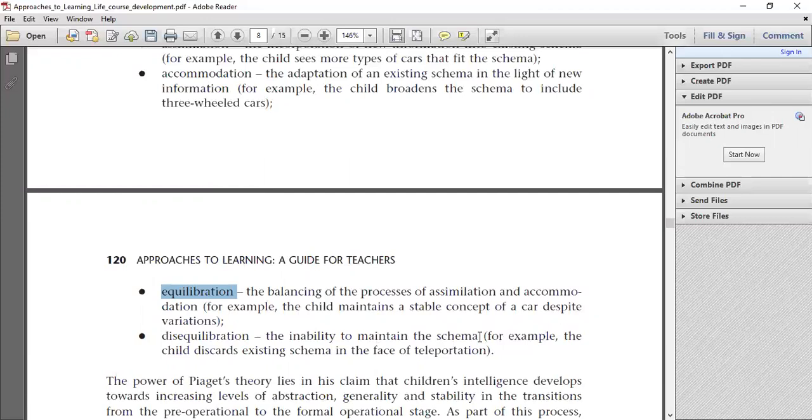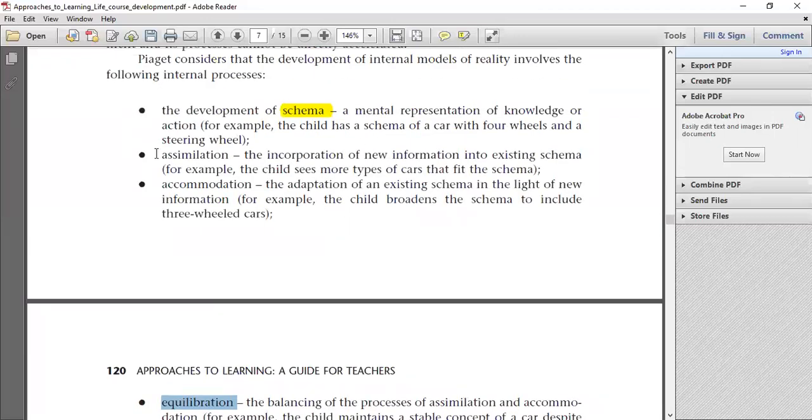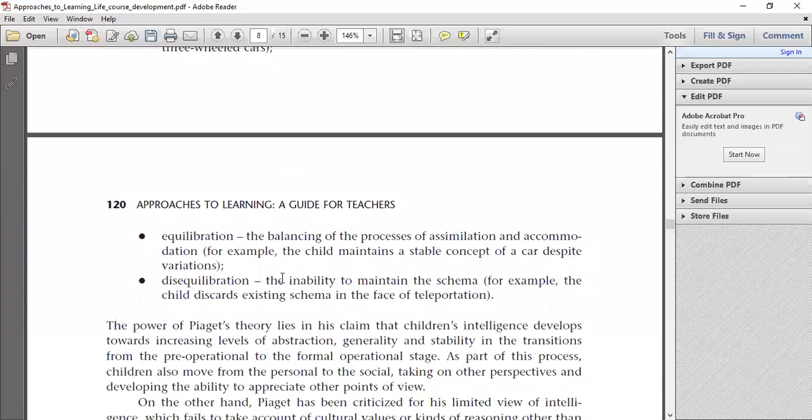If through these two processes, assimilation and accommodation, I can make sense, either by creating a new schema or by putting it in the already created schema, then again my brain will go into an equilibrium position. So there will be a stable concept of a certain thing, right? And in disequilibrium, if the information cannot be placed, I will still be confused about what it is. What can I call this thing?